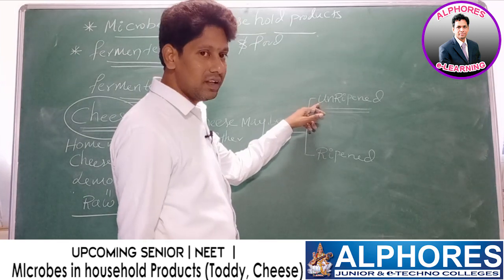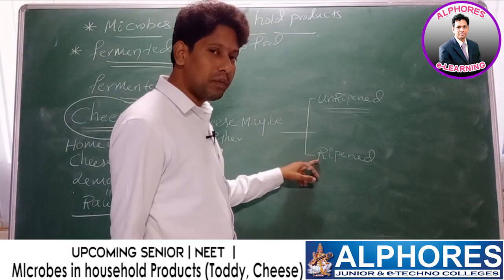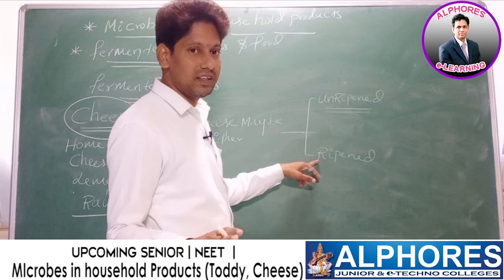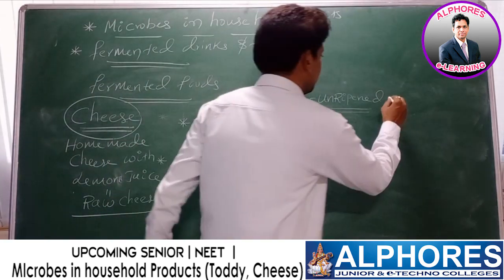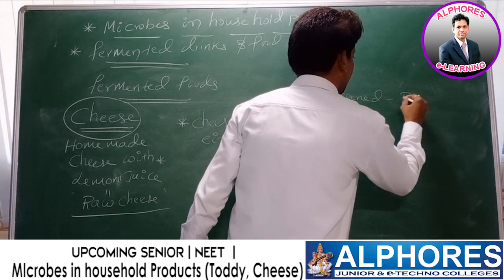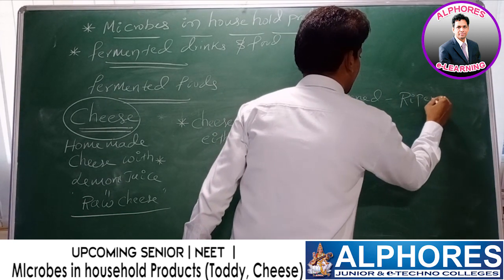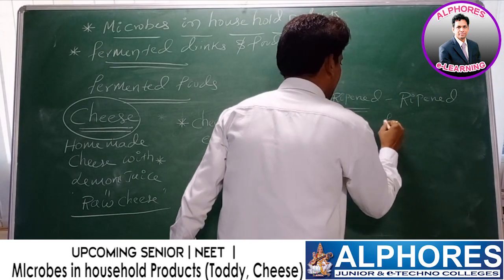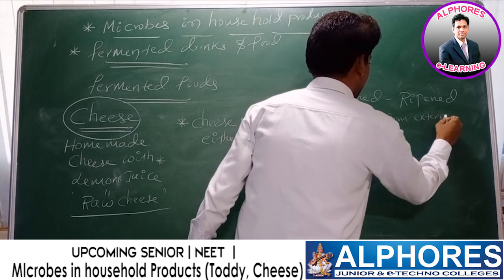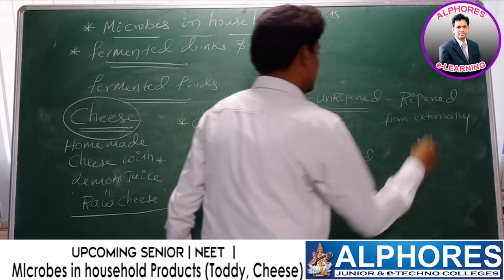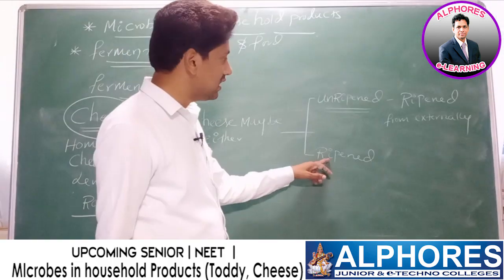Whereas ripened cheese means it is ripened externally as well as internally. Which cheese is ripened externally?